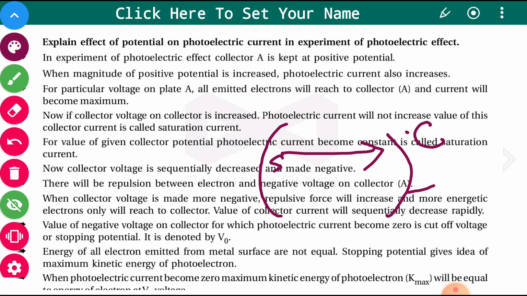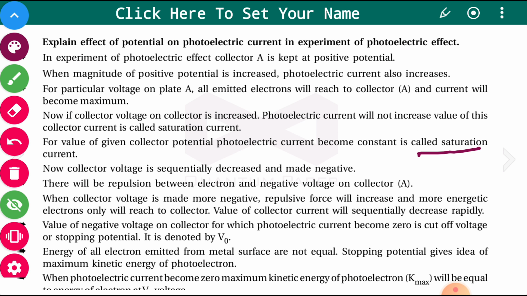So now if you are increasing the value of voltage after that particular maximum value, you go on increasing, but the current in the circuit remains maximum, and that is called the saturation current, where now the current will not increase in the circuit. For a given collector potential, the photoelectric current that becomes constant is called the saturation current.